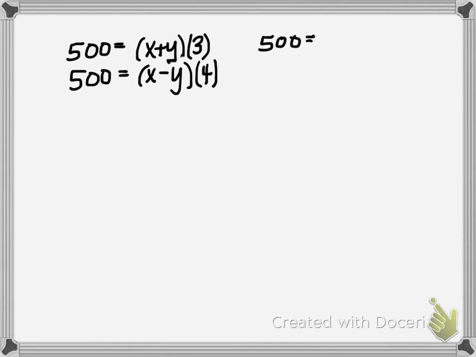If you wanted to distribute, then you would have 500 equals 3x plus 3y, and 500 is equal to 4x minus 4y. So this system now is set up for elimination, and you would have to multiply both of your equations in order to eliminate a variable. So let's say you wanted to eliminate the y terms, then we would need 12y.